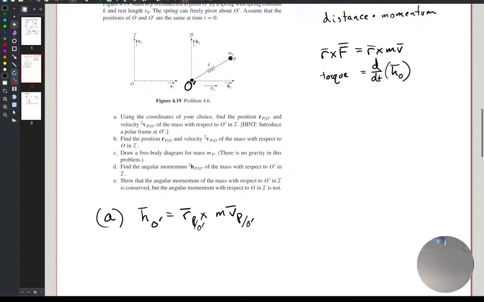Yeah, from O prime, you want to get out to its position. It's a cross product.